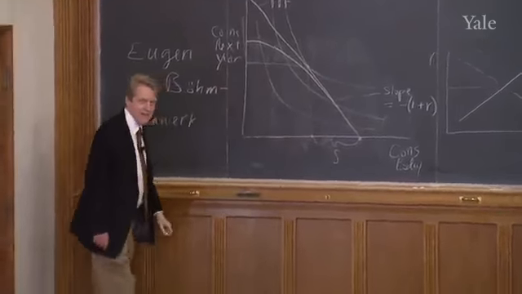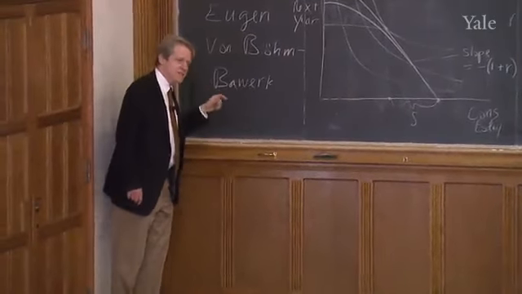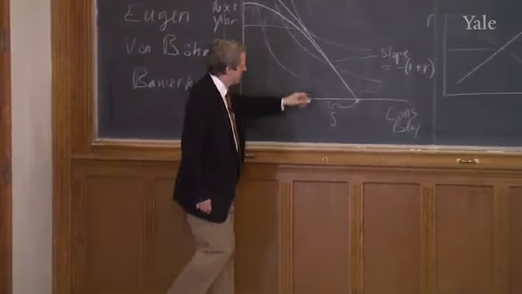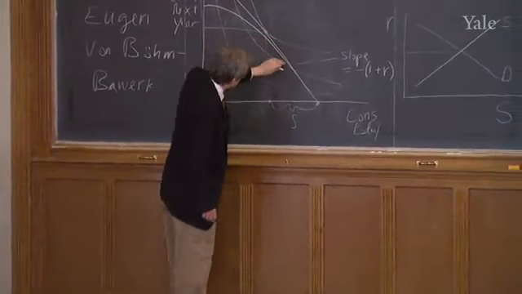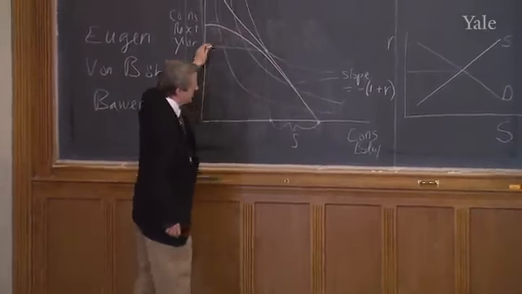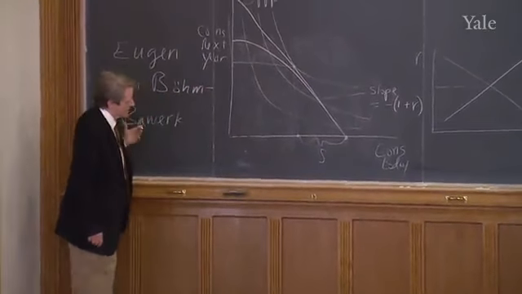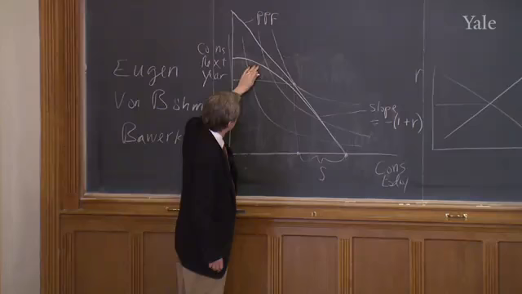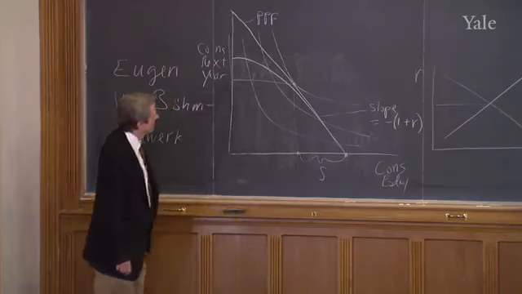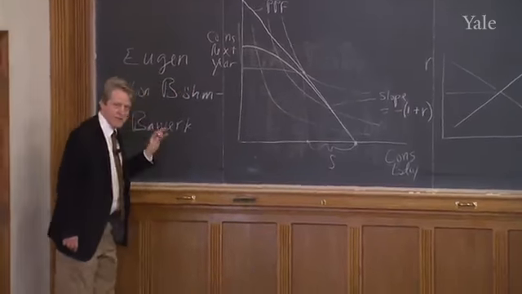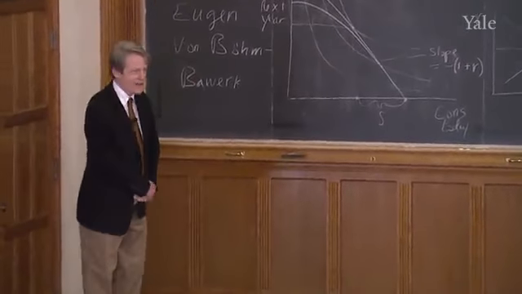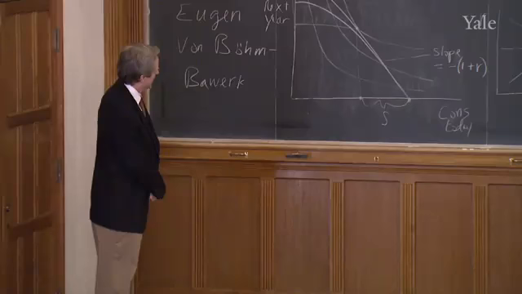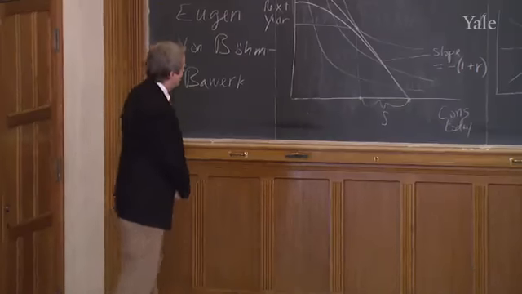Something like that. Do you see what I'm saying? Diminishing returns to investment: as you keep trying to add more and more grain to your production, as you save more and more, you get less and less return.